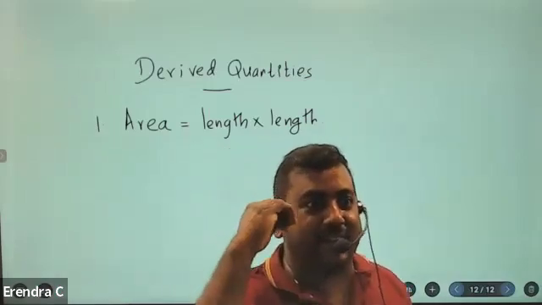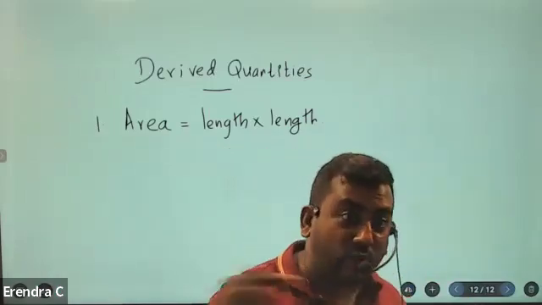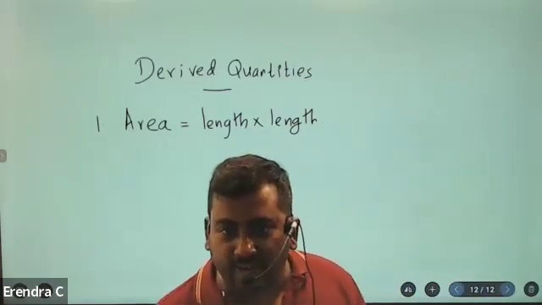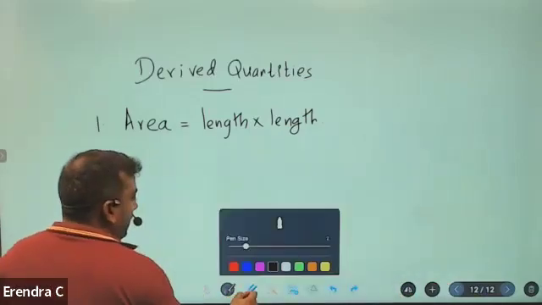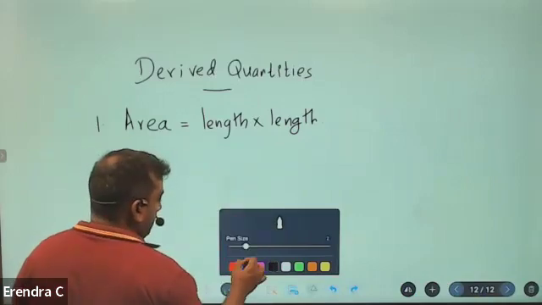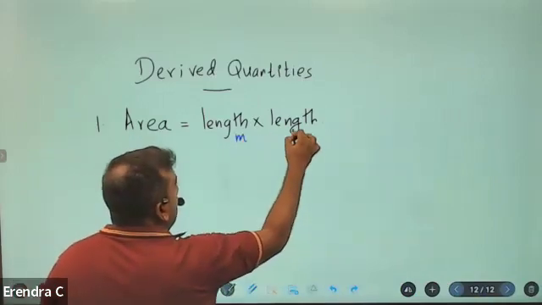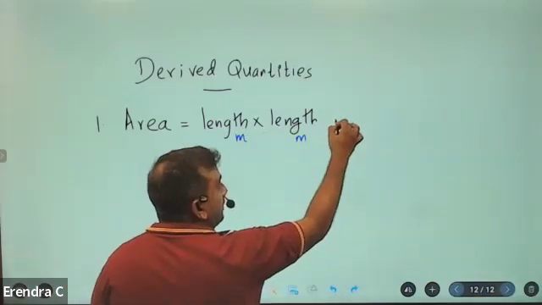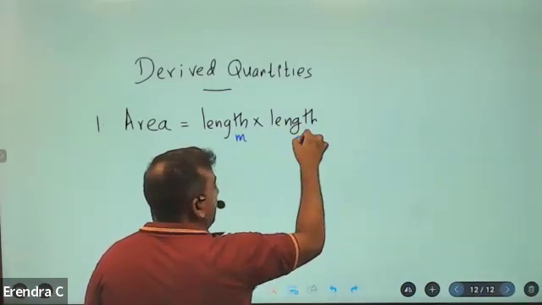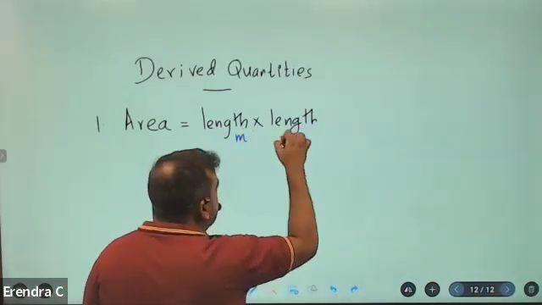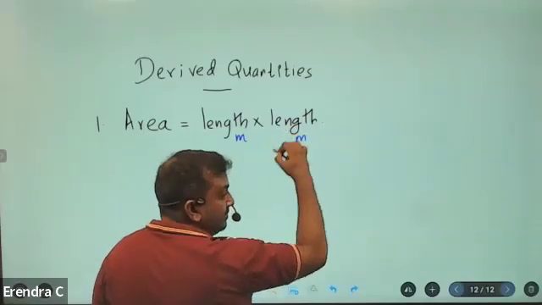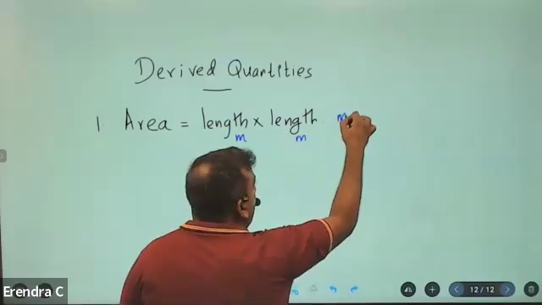Now here, I'll put in meters. Length in meters. Here meters. What's your unit? Meter. Indices: if the bases are same, when you multiply, the powers will add. So here meter square.